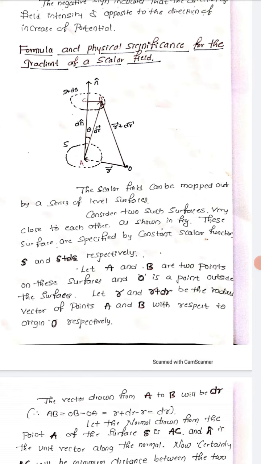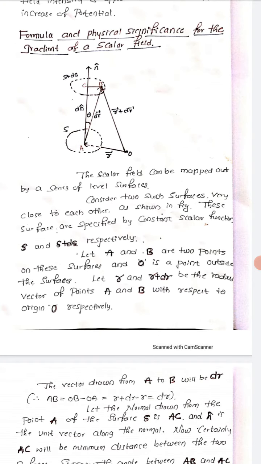These surfaces are specified by constant scalar functions S and S plus dS respectively. A and B are two points on the surfaces.